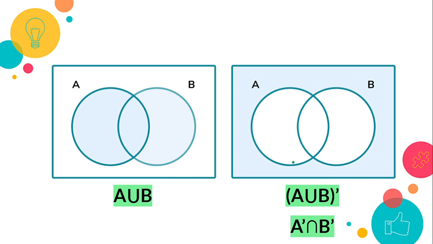And again, if we're using the same reasoning as before, we can see that A complement intersect B complement would in fact be the same region. So you can try this one on your own. You can shade the complement of set A, shade the complement of set B, and wherever they intersect or overlap each other, that is where your complement of the union would lie.